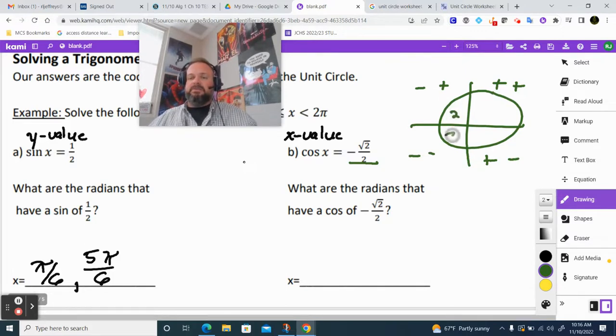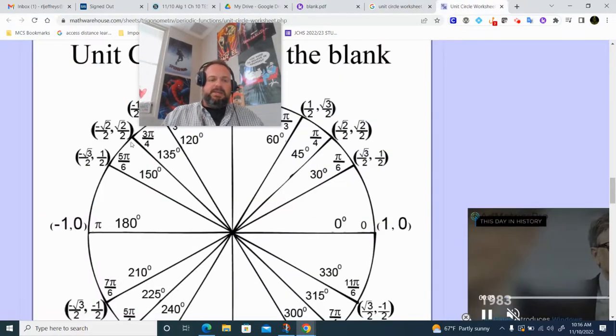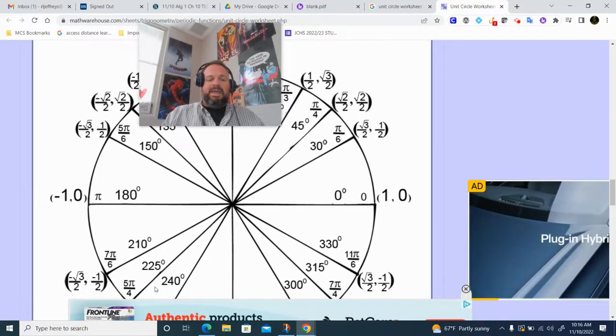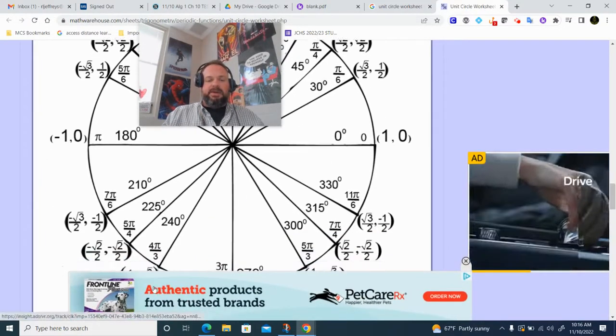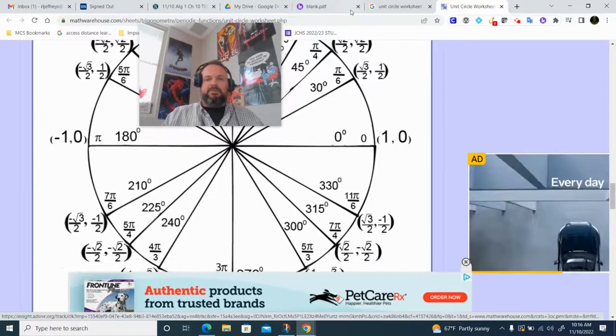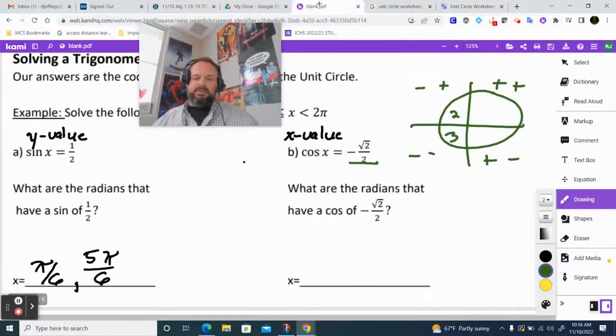Yeah, 2 and 3. Very good. So that would mean it is 3 pi over 4 and 5 pi over 4. So that's our answer: 3 pi over 4, 5 pi over 4.